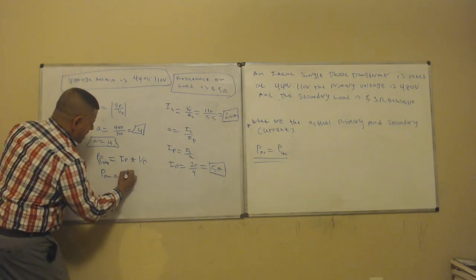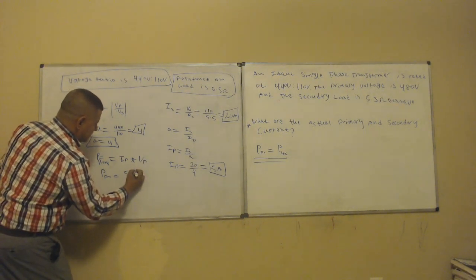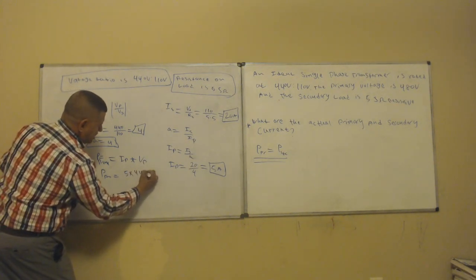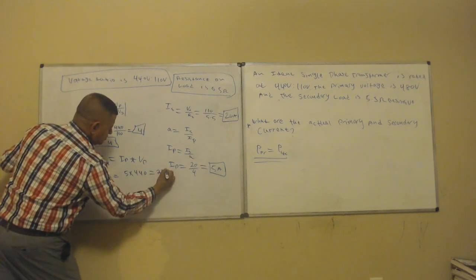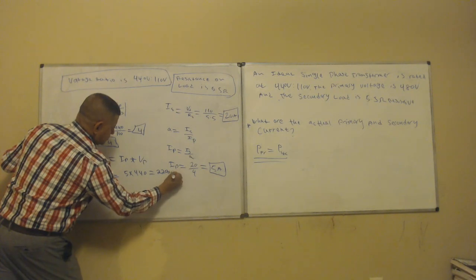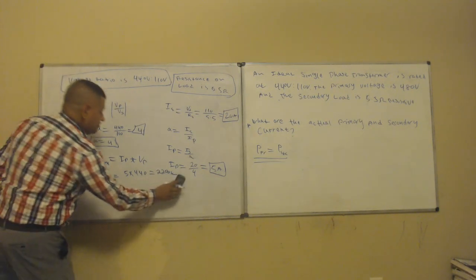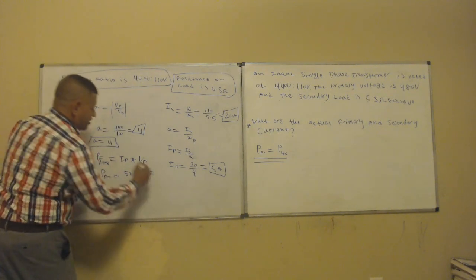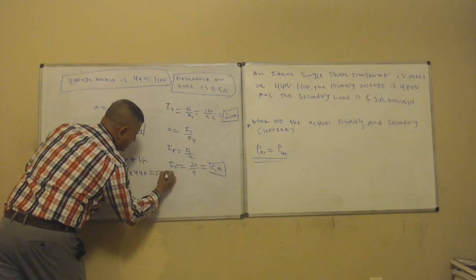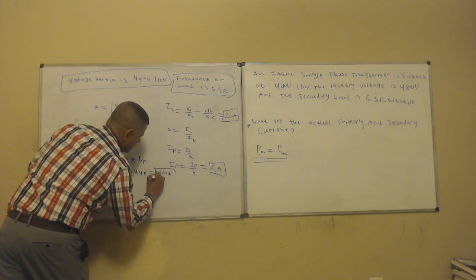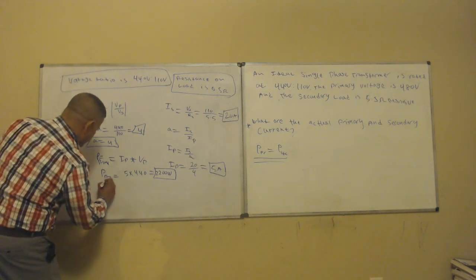So power primary is equal to 5 times 440, which is equal to 2200. Now let's do the secondary.